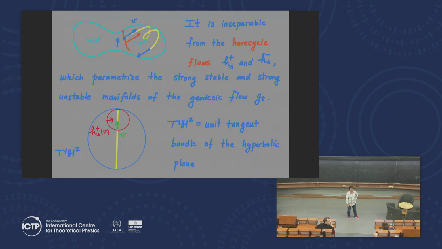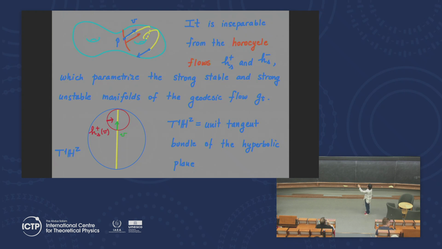So you're probably familiar with the picture below, which is the hyperbolic plane. Here you have a green vector v, and then the geodesic trajectory for v, which is in the unit tangent bundle, and this is the notation I will be using, unit tangent bundle to the hyperbolic plane. The yellow line is a geodesic orbit, and the red line is a horocycle orbit.